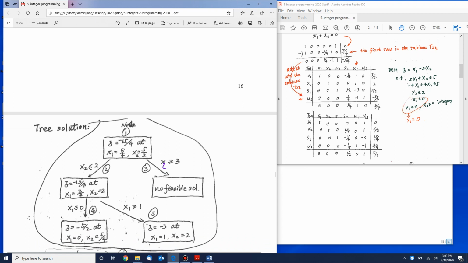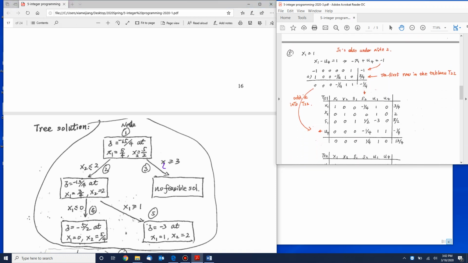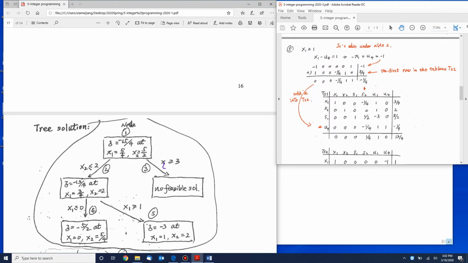And we discuss the other branch, x1 greater than or equal to 1. For x1 greater than or equal to 1, we do the same thing: we add another new variable, x1 minus u4 equals 1, and then minus x1 plus u4 equals minus 1.